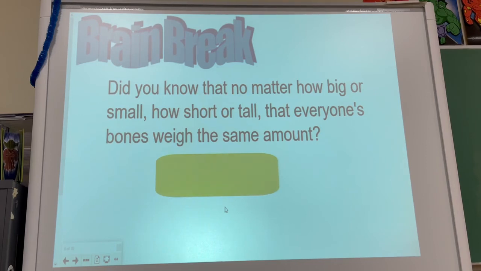Think about that. Everyone's bones weigh the same amount. One skeleton. Get it? One skeleton? That was a good one.